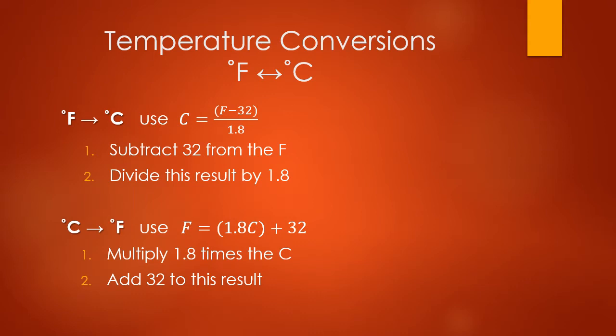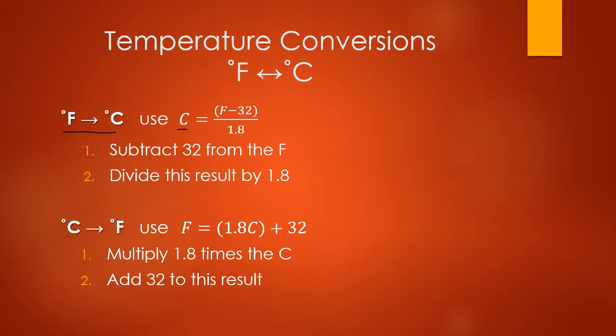So here are some temperature conversion calculations that we're going to be using to convert between Fahrenheit and Celsius. These equations will also be present on your equation sheet. So if you are converting between Fahrenheit and Celsius, you'll want to make sure to use the equation where Celsius is equal to, because Celsius is what you're solving for.